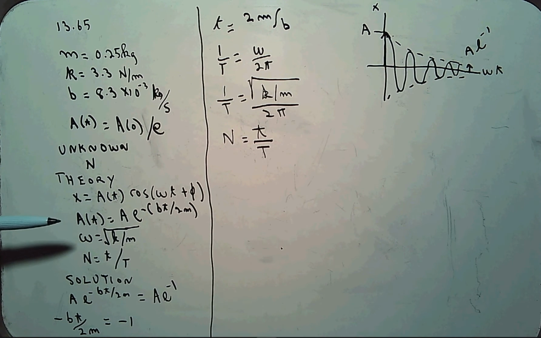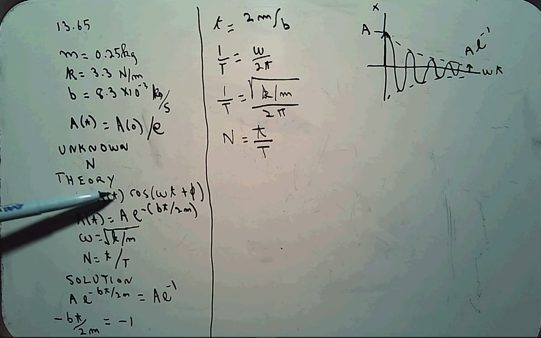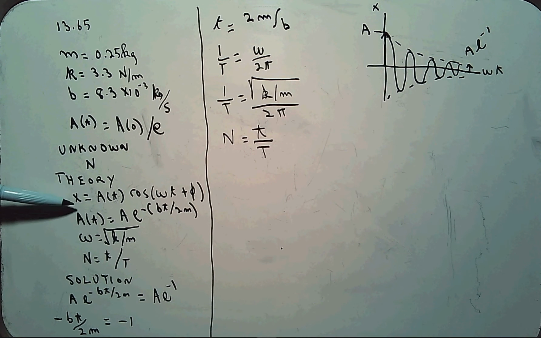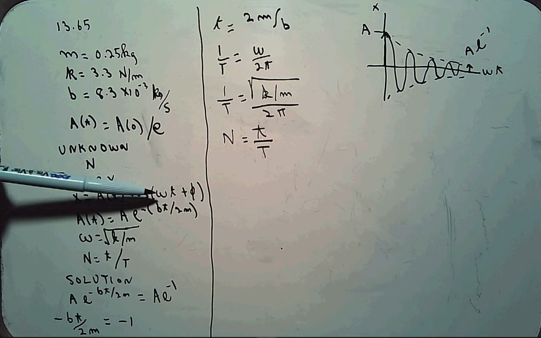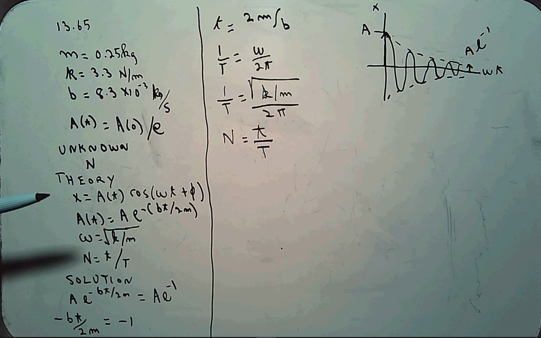Now we go back to the original equation in terms of an amplitude which decreases as a function of time. So the displacement in the x direction is the amplitude times the cosine of the frequency of vibration times the time plus the phase factor.